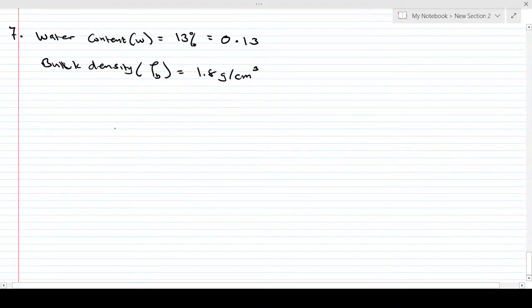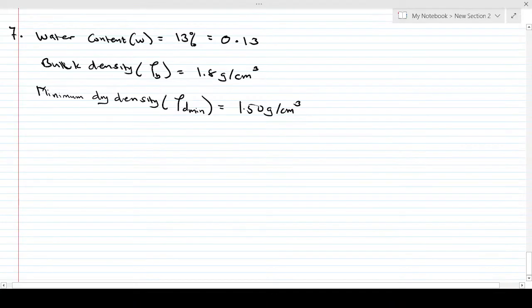We've also been given the minimum dry density of the soil, which we also represented as rho d min, as 1.50 grams per centimeter cube.